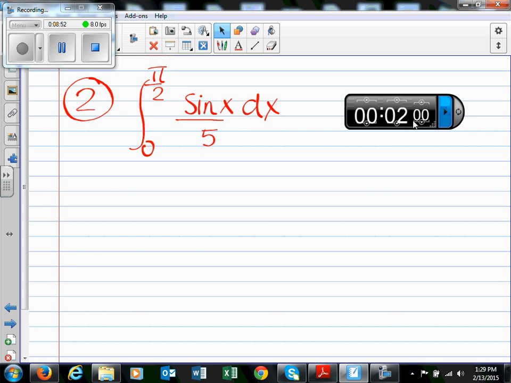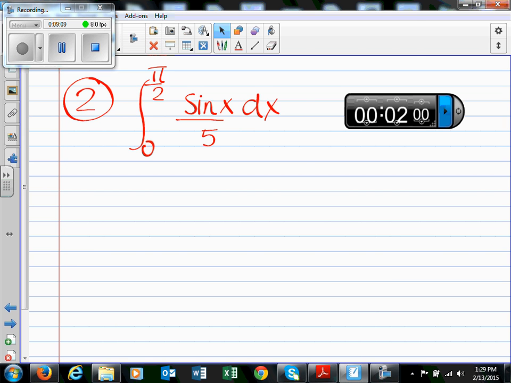Yes, over 5, not x. Yeah, the 5 is a constant. Remember, the 5 is in the denominator. So we are not going to do that.